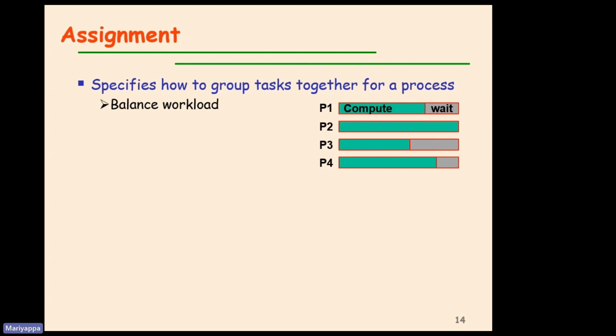But sometimes you may not be able to do it all by yourself, because the computation performed in different rows of the matrix could be different depending on the kind of computation that you perform. Then you need some kind of dynamic load balancing scheme. That is where you create more processes than the number of processors and let the system handle the load balancing by itself rather than you trying to do it, because you can only do it to the extent that you understand.